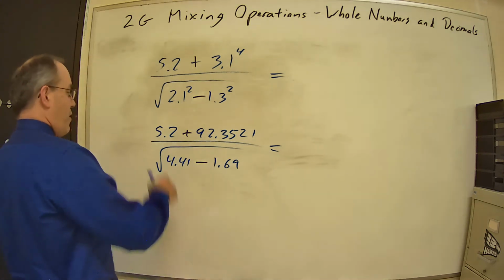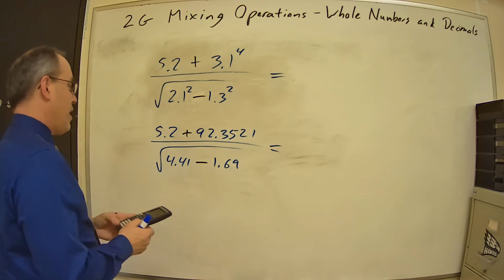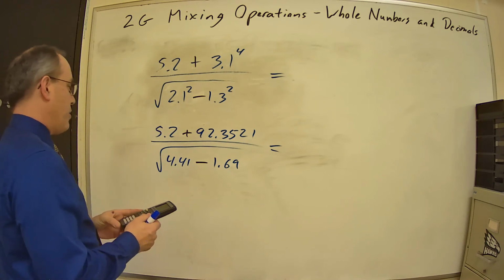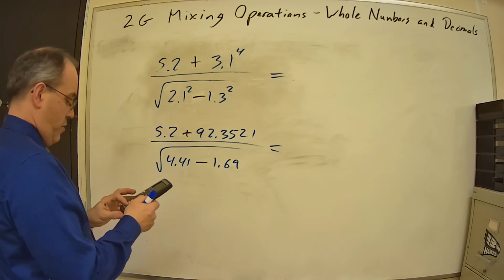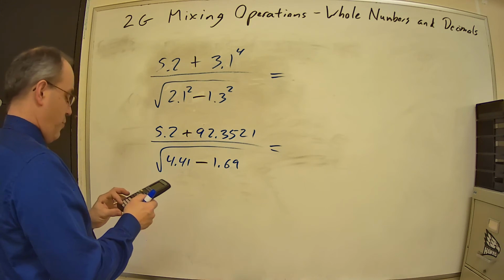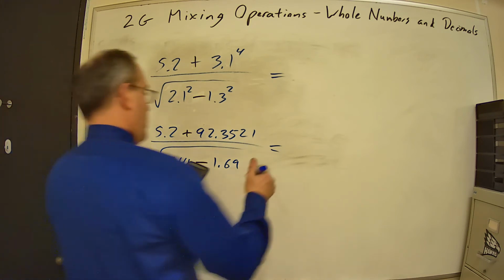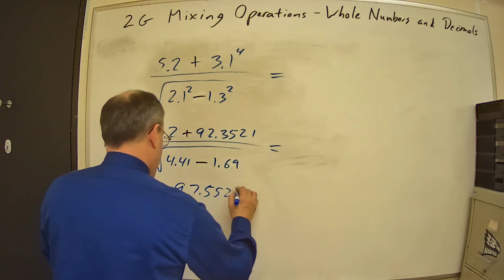Okay, so now I have 5.2 plus this 92.3521. So 5.2 plus 92.3521 gives me 97.5521.